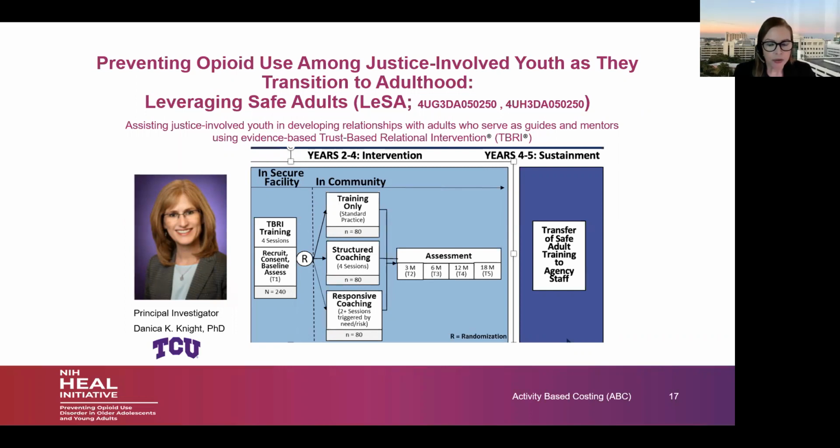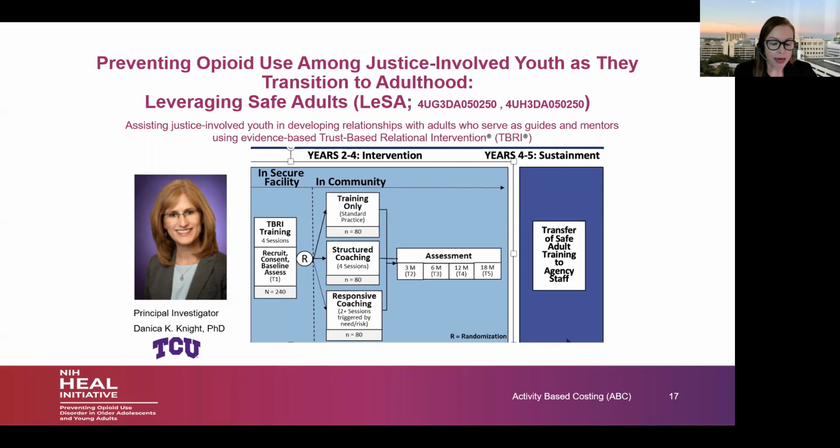This study is focused on opioid prevention, assisting justice-involved youth in developing relationships with safe adults who serve as guides and mentors. The intervention is called Trust-Based Relational Intervention, or TBRI, which uses a youth-centered, attachment-based and trauma-informed approach to strengthen youth safe adult relationships and also to improve youth self-regulation.